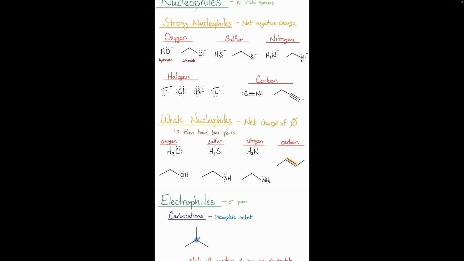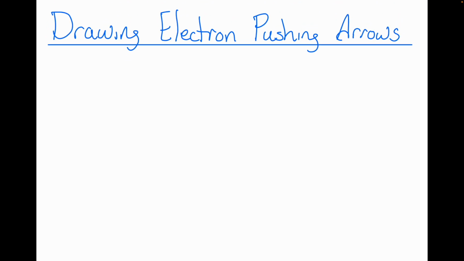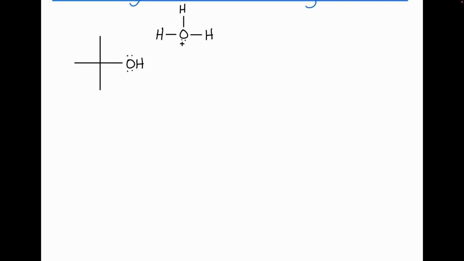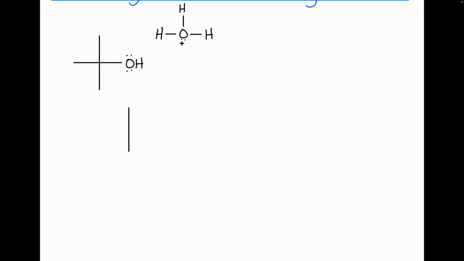But yes, again, now we're going to work on drawing these electron pushing arrows. So what I'm going to do is I'm going to put down a molecule. We're going to take this alcohol here. We're going to put in some hydronium. And I'm going to draw the next step in this mechanism here.